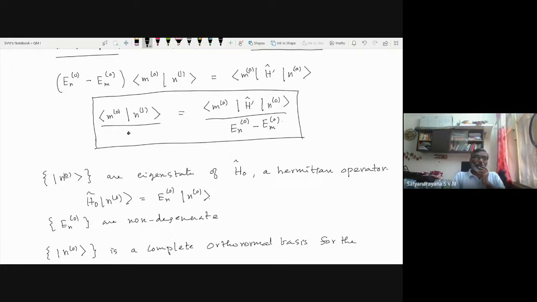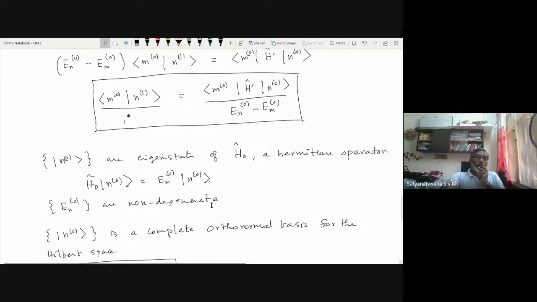Whatever I have on the right hand side, look at it carefully. I have only unperturbed states M0, N0, En0, Em0. All these things are known to me. From these known things, I am now able to calculate the coefficient Cm of the expansion of N1 in terms of the unperturbed states.